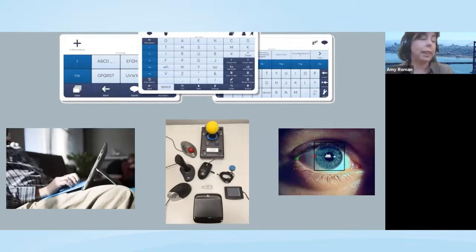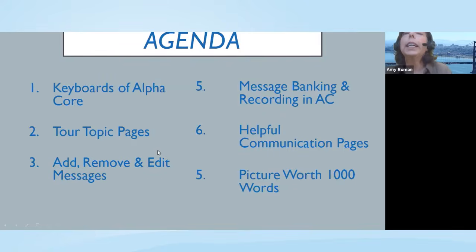So let's take a look at the agenda for today quickly. We're going to be looking at the keyboards of AlphaCore. There are 7 keyboards. We're going to look at the topic page and topic phrase pages. We're going to look at how to add and remove as well as edit messages that are on the communication page sets to quickly customize them for yourself.